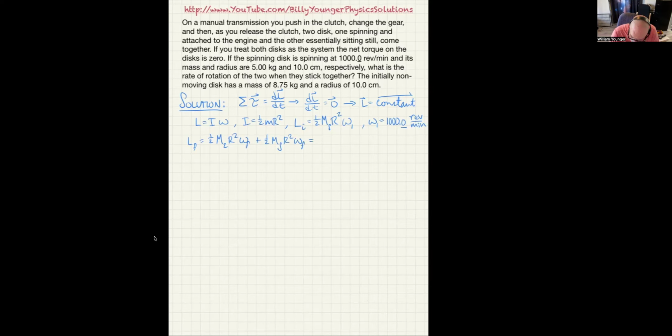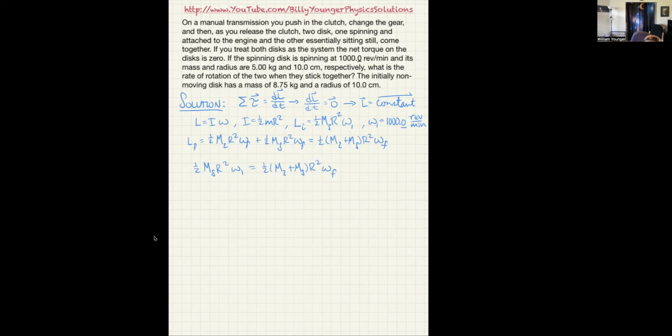So you can put these two together as 1/2 m 2 plus m s times r squared times omega f, and then we can just set them equal to each other. Setting the initial first, 1/2 m sub s r squared omega 1 is equal to 1/2 m sub 2 plus m sub s times r squared times omega final.